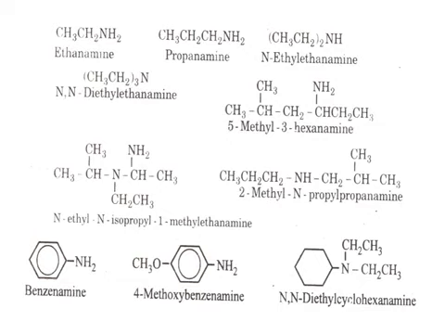Similarly, the fourth example resembles the third example. In this case, nitrogen is connected to three different ethyl groups. One of these alkyl groups will become part of the parent name, and the other two ethyl groups will become substituents.